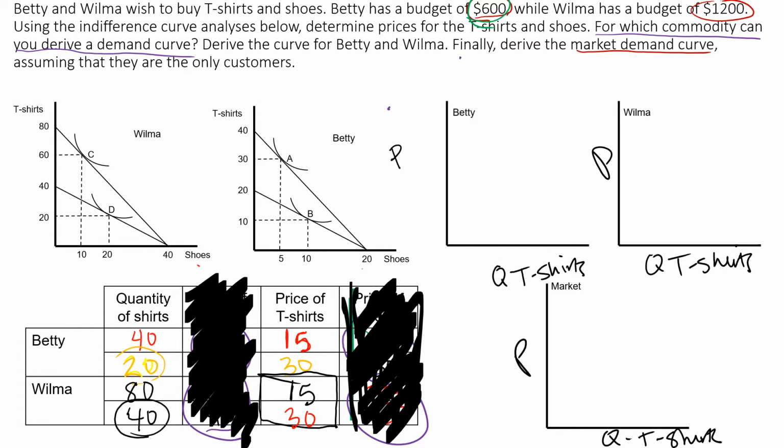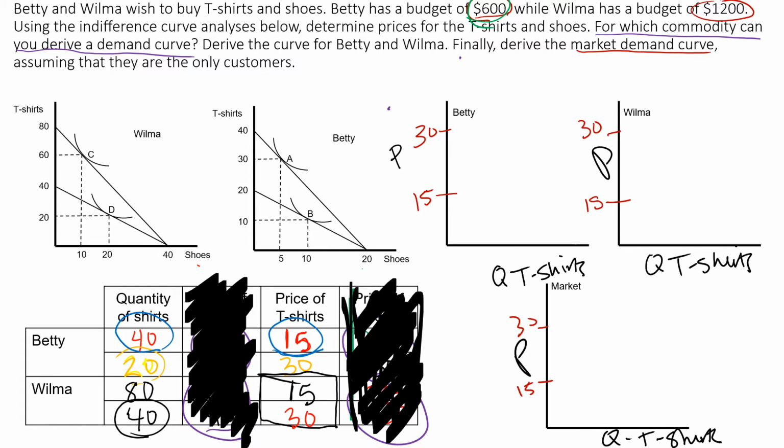Okay, so for Betty, and it looks like we have 15 and 30, because those are the only prices that we're working with here. So for Betty, at a price of $15, she's willing to buy 40 shirts.